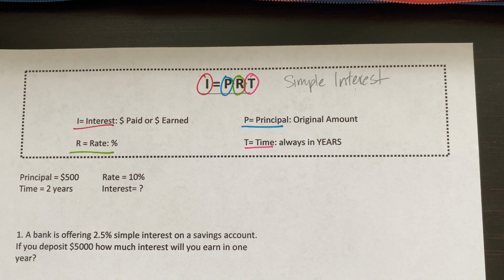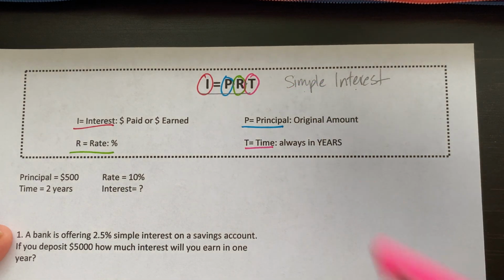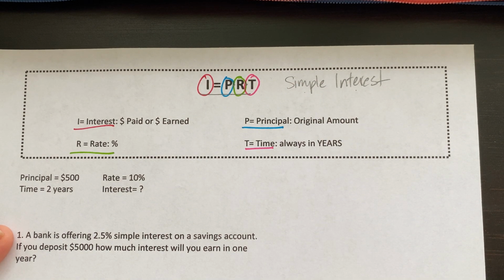So let's talk about what each of these letters stands for. The I stands for interest. Interest is money that you are paying or money that you are earning. So if you were paying interest, let's say you bought a car, and in order to finance that car, the bank gave you money not only for the cost of the car, but you also have to pay interest on top of that.